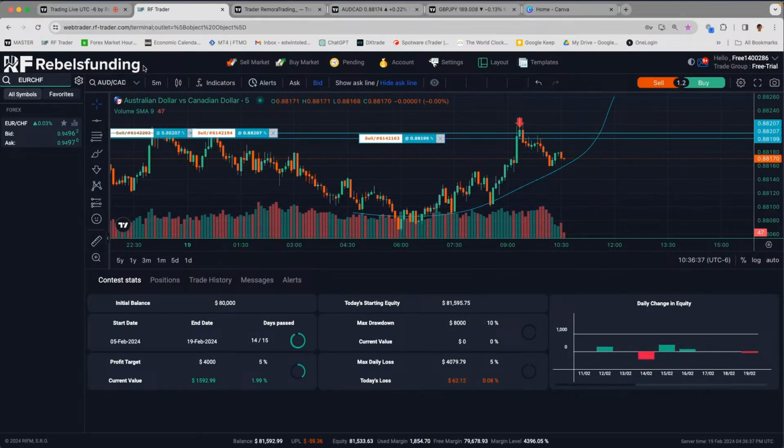I just hope they don't get shut down and they keep doing great work, so they don't go out of business, because I don't like the other platforms. Even though this Rebels Funding platform is kind of new, I think it's beautiful. It just makes sense. It works for me very well.